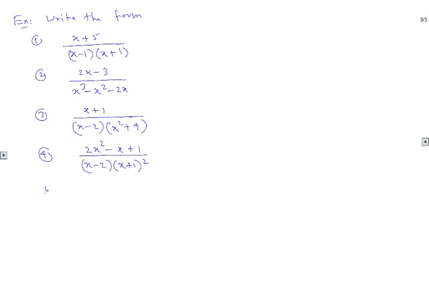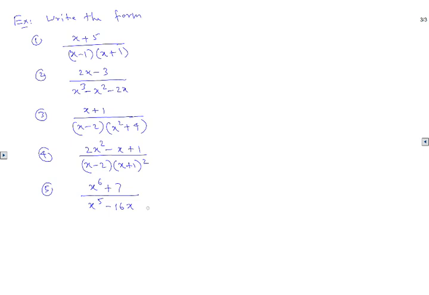And number 5, why don't you try something like this, x to the 6th power over x to the 5th minus 16x. You might need to do long division here.